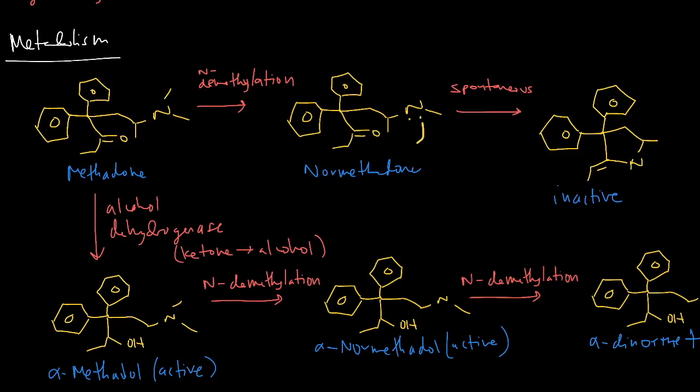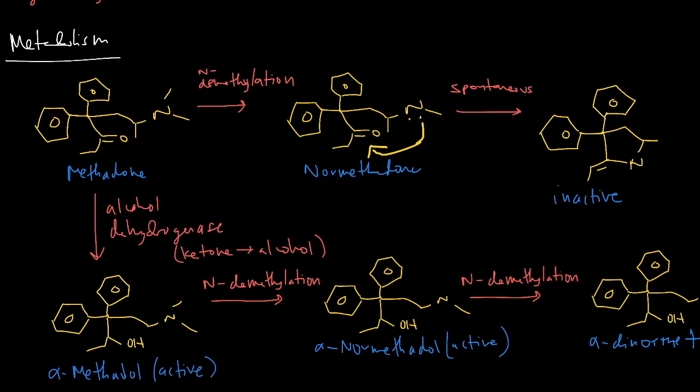They have room, because if you look over here, there's not much room. The electrons are being blocked by all these carbons. However, over here, you have fewer carbons. Therefore, you have more room for the electrons in the nitrogen to attack the oxygen there. And then you form a ring. This closes up and forms a ring. This is inactive. This is a spontaneous reaction. So after demethylation, this automatically forms a ring spontaneously to form the inactive compound with the ring.